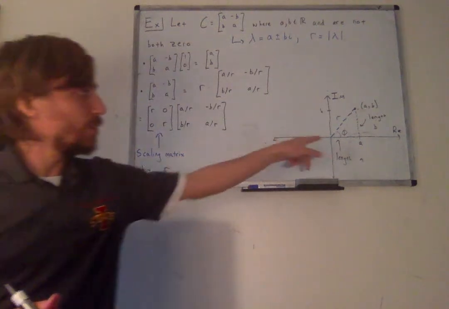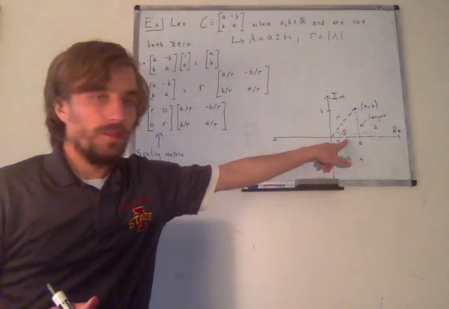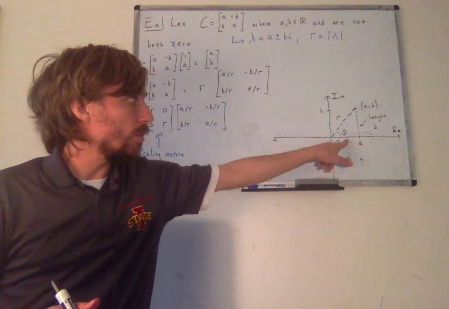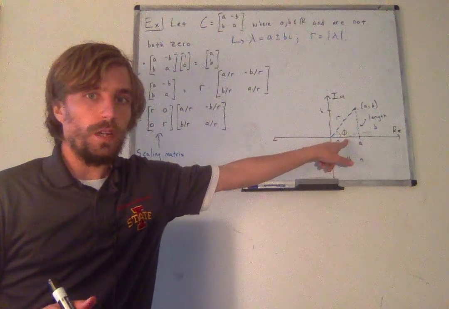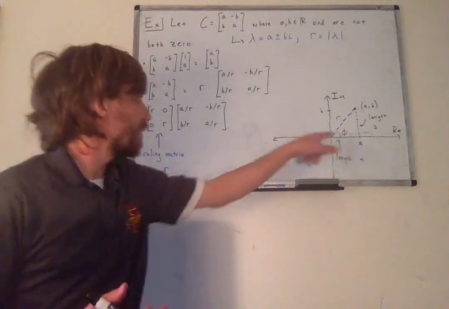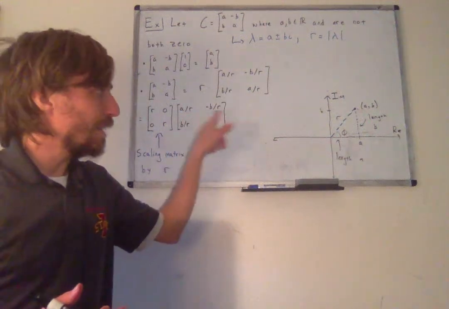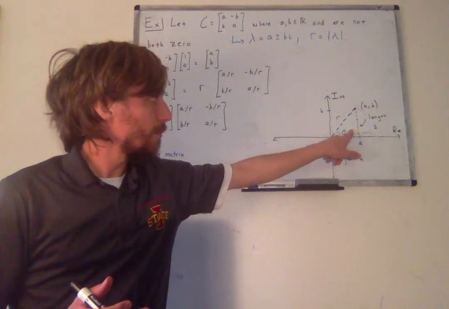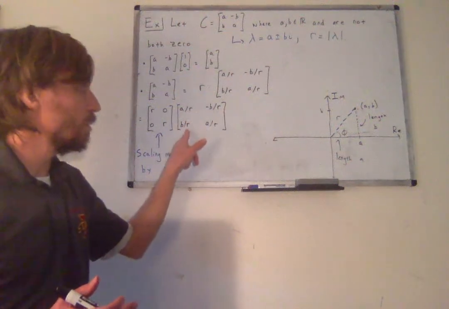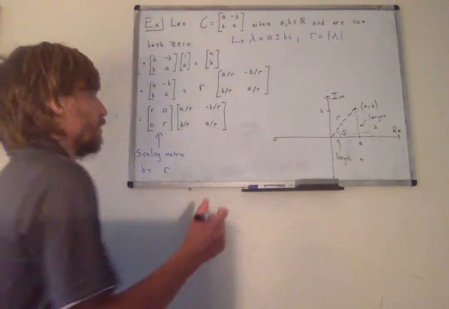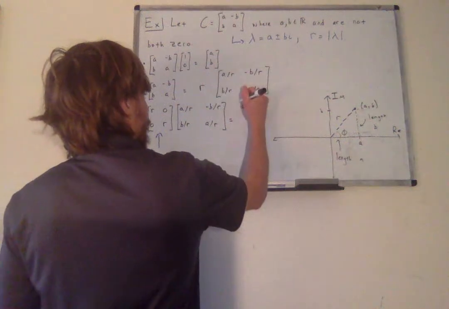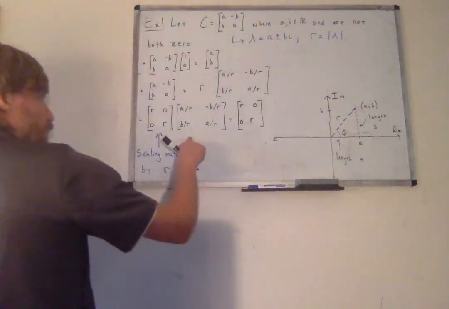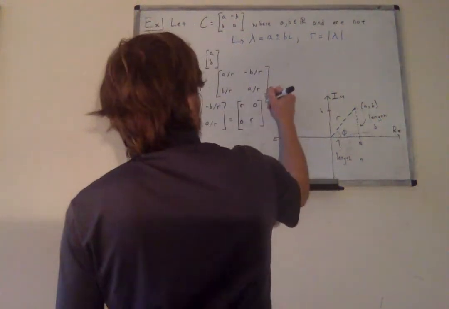What is the cosine of this angle? Cosine is the adjacent side divided by the hypotenuse, so the cosine of this angle is equal to a divided by r. The sine of this angle is opposite over hypotenuse, which is equal to b divided by r. So notice that this is not only the product of a scaling matrix and a matrix with a bunch of fractions.